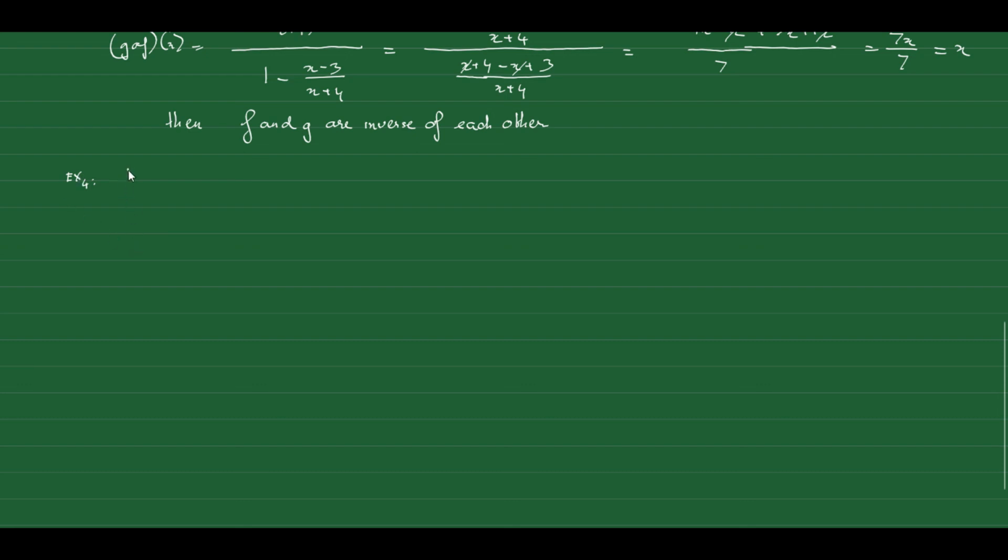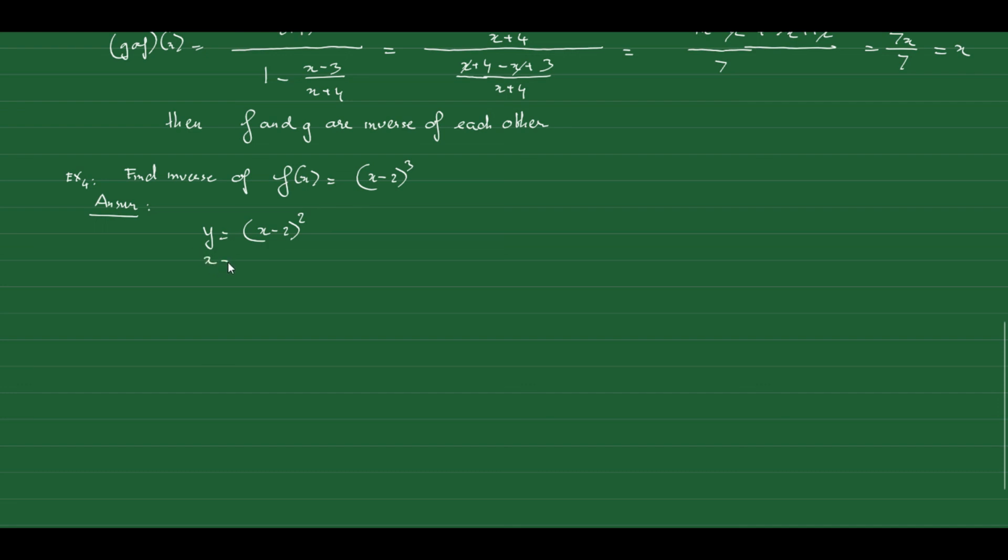Alright. Find the inverse of the function f of x equals x minus 2 squared. Hmm, in order to find the inverse, the first thing you have to do is change f of x into y. Then you swap x and y.